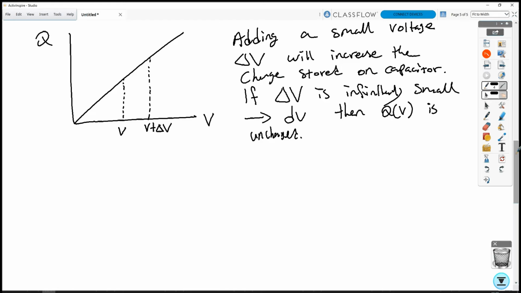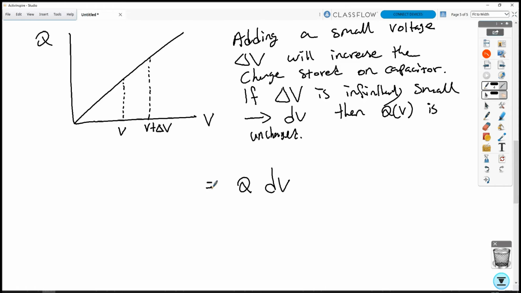Now, if we divided this up into an infinite amount of small strips and we added them all up, we're basically doing a mathematical operation called integration. So the area of each of those infinitely thin strips is Q multiplied by the thickness, which is dV. So Q dV is equal to an infinitely small amount of energy.